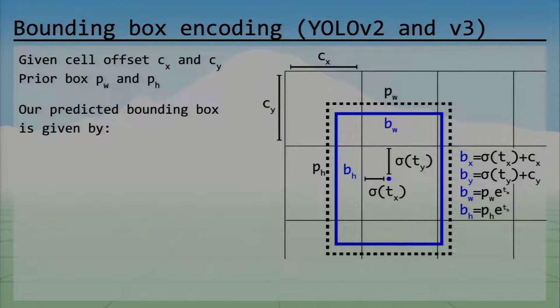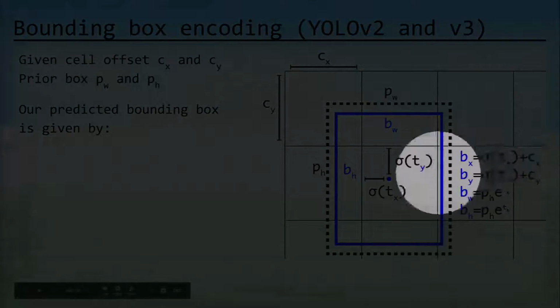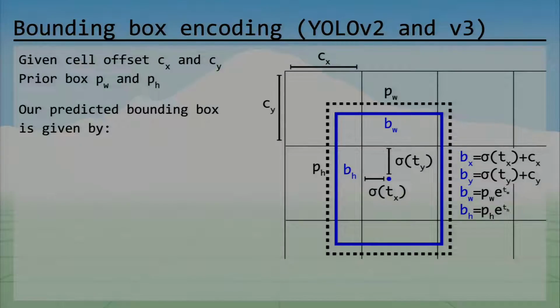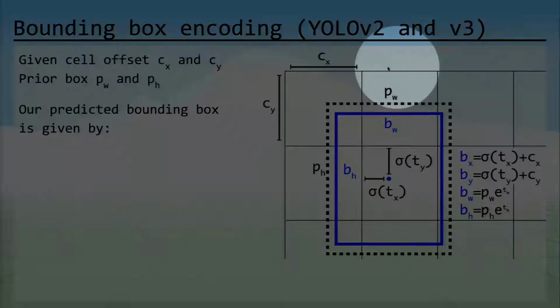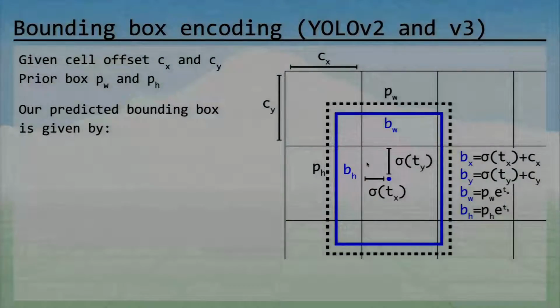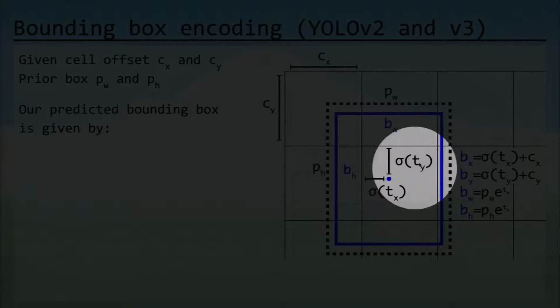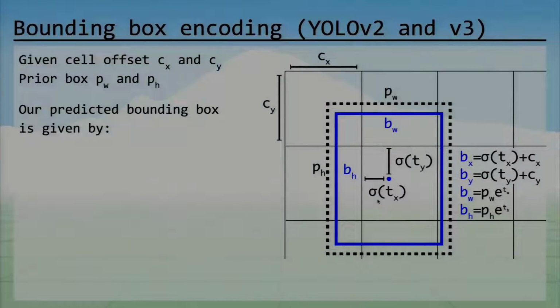Okay. And the encoding for shifting the center of the bounding box is a little bit strange, but it's nice in practice, because in the end, we want to predict a bunch of bounding boxes spaced over the entire image. This constraint makes it so that the center of this bounding box, if we're predicting it from this grid cell, has to fall within the region of that grid cell, and that makes sense.